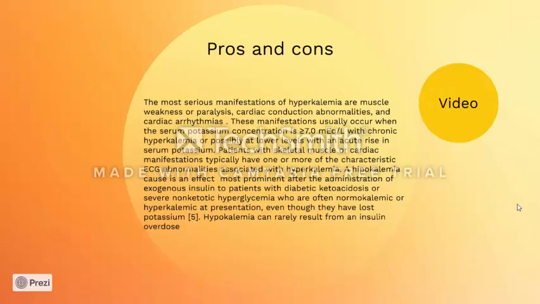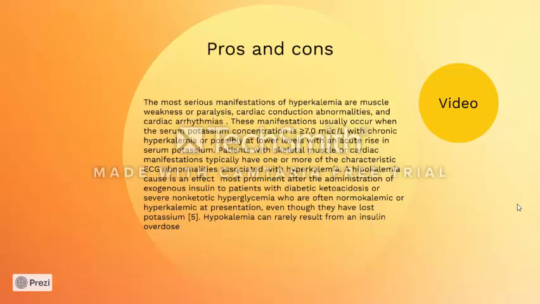Now, pros and cons. The most rare manifestations of hyperkalemia are muscle weakness and paralysis, cardiac conduction abnormalities, and cardiac arrhythmias. These manifestations usually occur when the serum potassium concentration is greater than or equal to 7.0 milliequivalents per liter with chronic hyperkalemia, or possibly at lower levels with an acute rise in serum potassium.